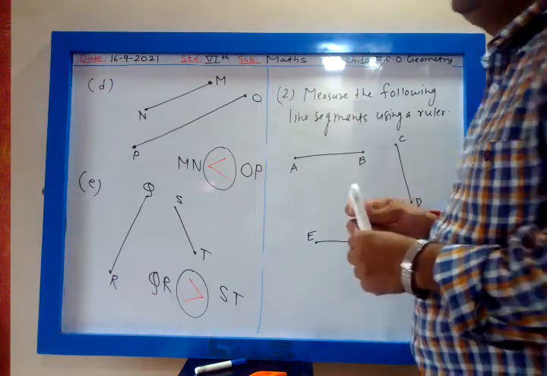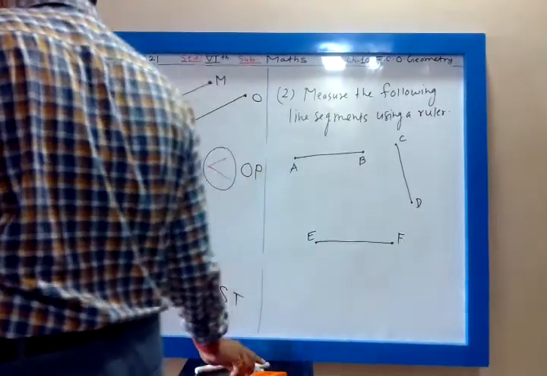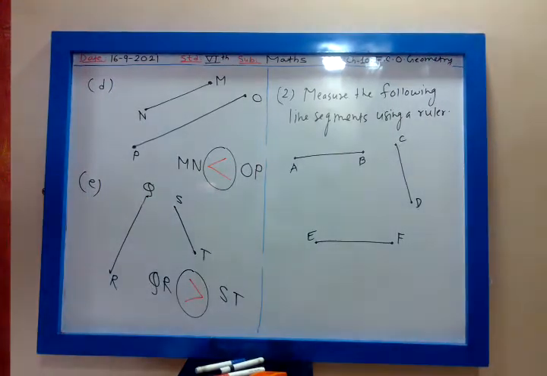See, take the proper time. There is no hurry. Take your own time and do the calculation, my dear. Draw the diagram. Everything should be written in the notebook, my dear. AB you have to write. Then how much is AB?